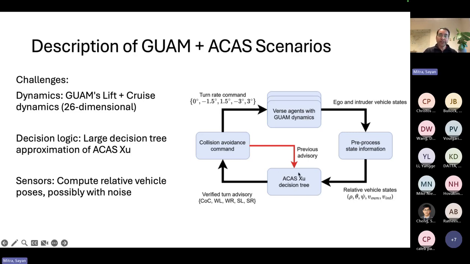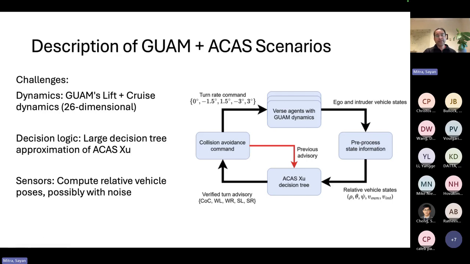Now we'll look at two different versions of this ACAS-XU protocol. There is the neural network representation of the protocol, as well as an approximation of the protocol that we have created, represented by a decision tree. A little bit more detail about the protocol. ACAS-XU basically looks at these relative poses of the aircraft and then produces 5 kinds of advisories.